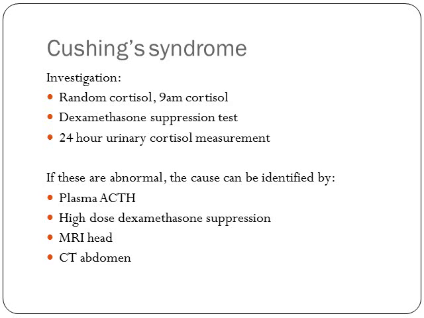So it needs investigating. You start off with a random cortisol and a 9 a.m. cortisol. Lots of people will say that's fairly meaningless because cortisol goes up and down during a circadian rhythm anyway. So usually you go straight on to a dexamethasone suppression test.